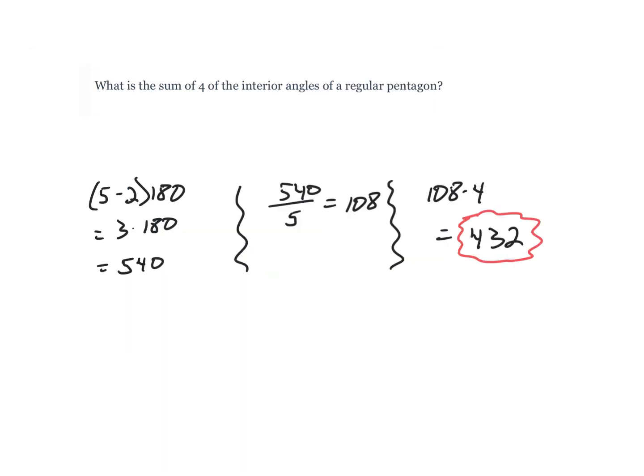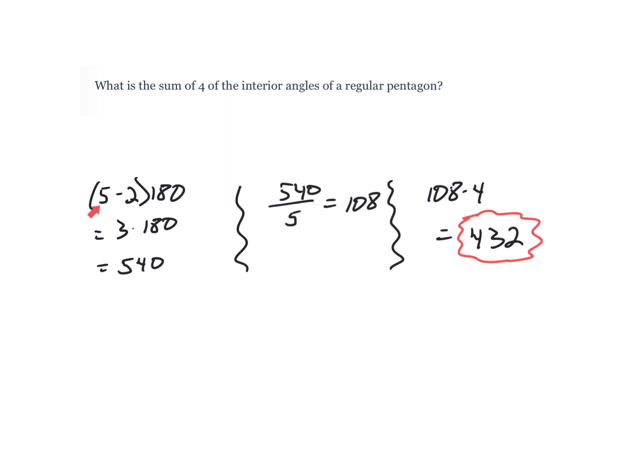All right, now in this problem, this just says, what is the sum of 4 of the interior angles of a regular pentagon? Now, a regular pentagon is going to have 5 interior angles, okay, but it's just asking for the sum of 4. Well, the first thing we need to do is figure out the sum of the regular pentagon.